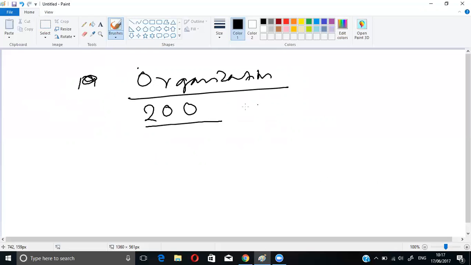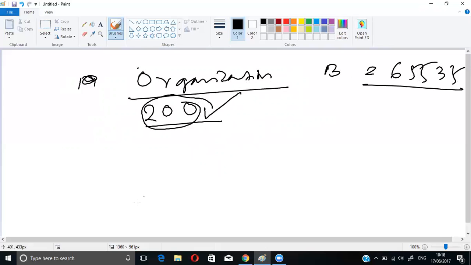I mean 200 IPs you require, but which class will you prefer? B. And if you use B, you are going to get 65,535. But over here the requirement is only 200. So we'll go for C. When we use C, we are going to get 254. So you will be using C.